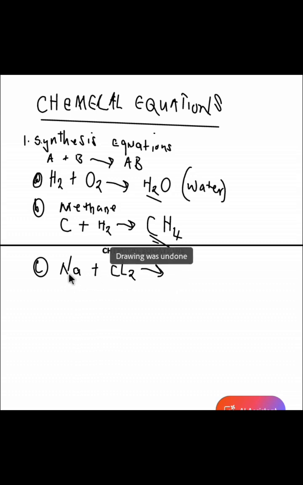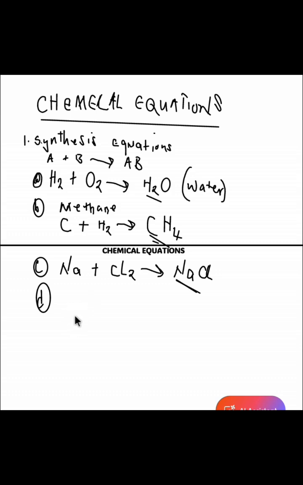So sodium reacting with chlorine. Sodium is a simple element, and chlorine is another simple element. These two elements react together to form a product known as sodium chloride. This is a compound that has been formed from two different elements.